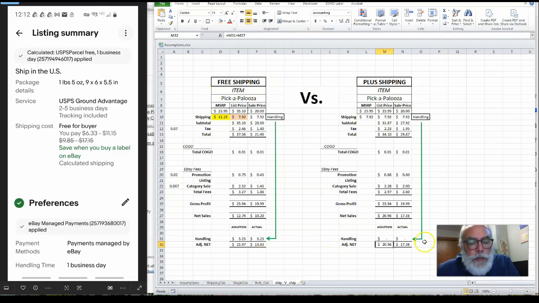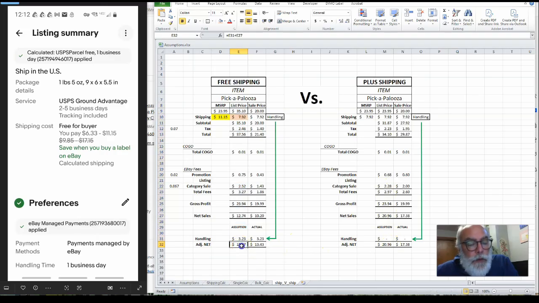So the difference after we calculate back in our handling of $3.23 here in this comparative assumption of these two items, same shipping, right? Different taxes, same cost of goods, same amount of fees percentage, but different totals.